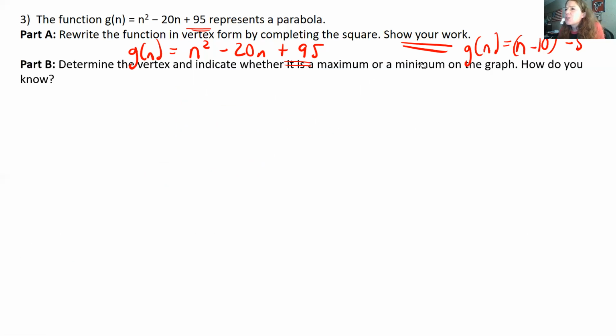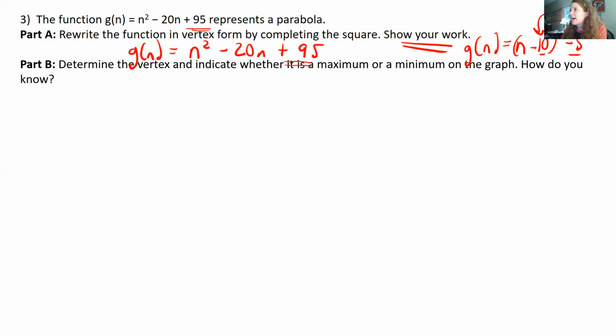Oh, there we go. Determine the vertex and indicate whether it is a maximum or minimum on the graph. Now that we have this formula written in vertex form, we don't have to go through the negative b over 2a. We use this and this to figure out our vertex. So remember, our vertex is written in the form of (h, k).